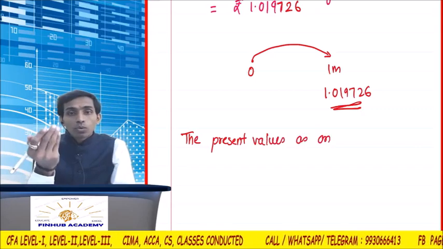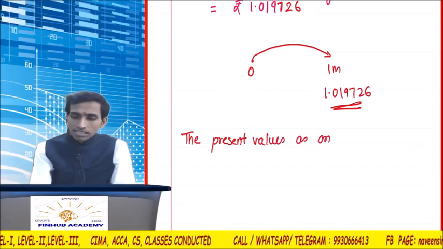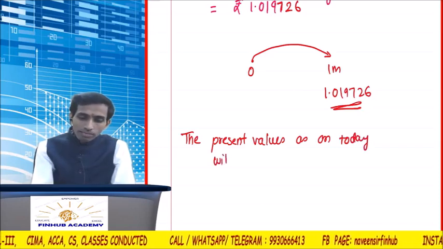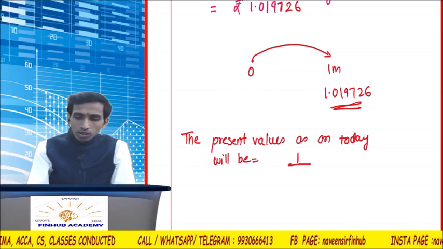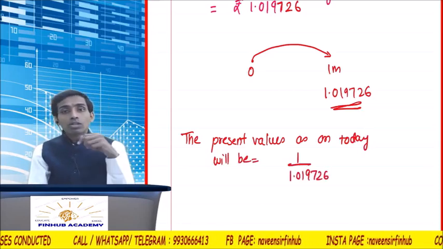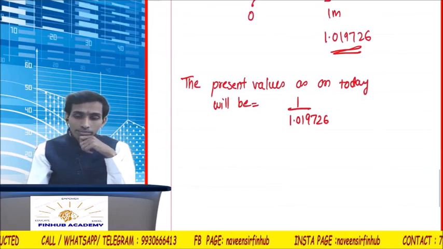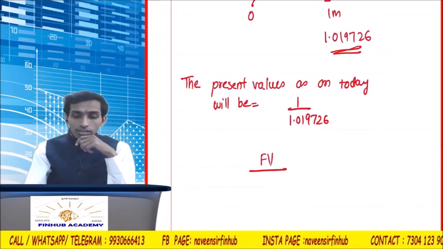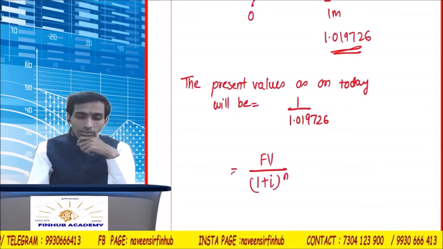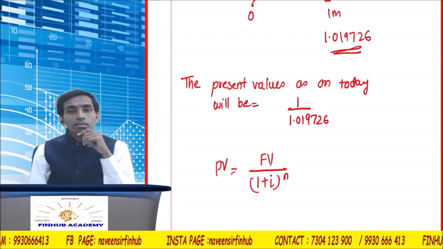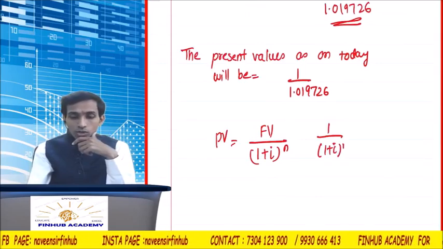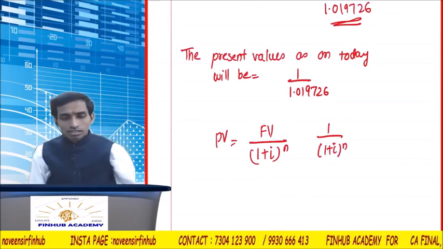Present value as on today will be equal to 1 upon 1.019726. Reciprocal. For those who have not understood, future value upon 1 plus i raised to n will give me present value, yes or no? Please understand. And 1 upon 1 plus i raised to n was called what?